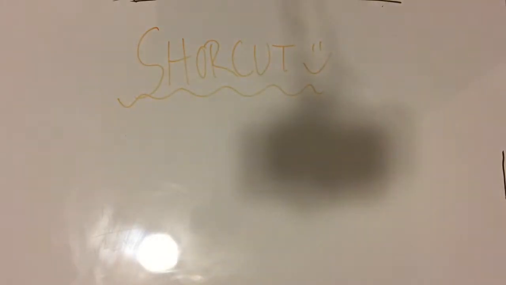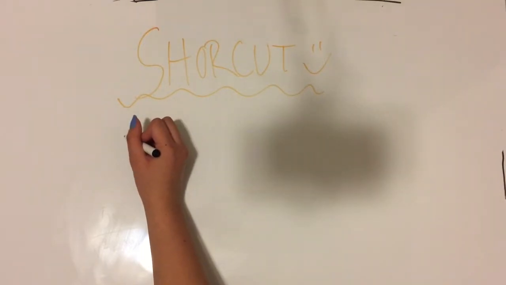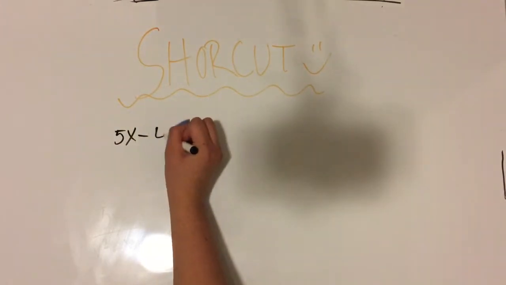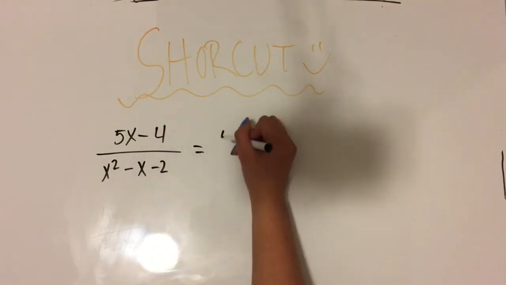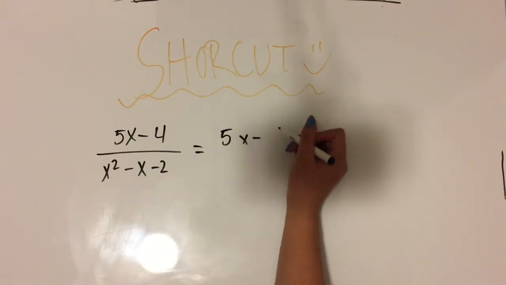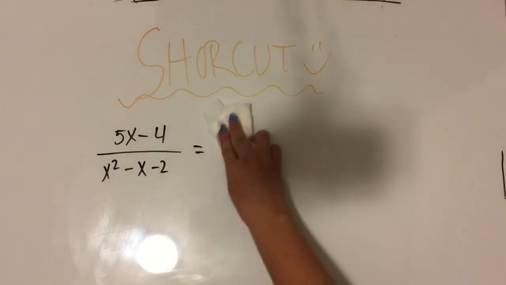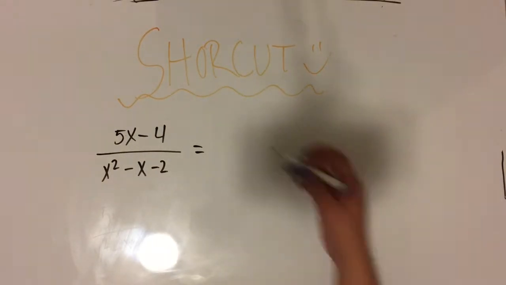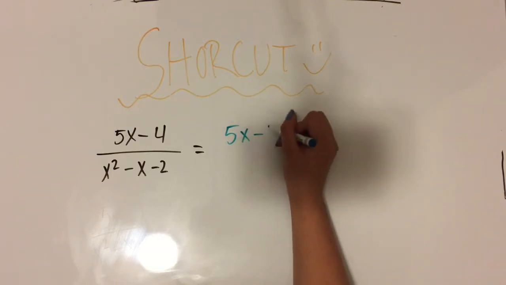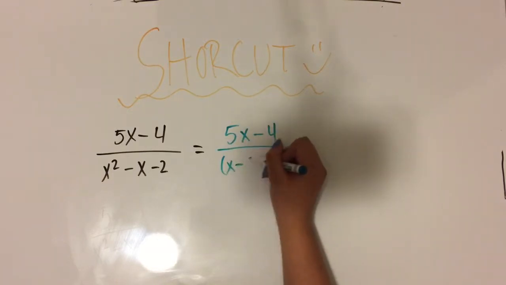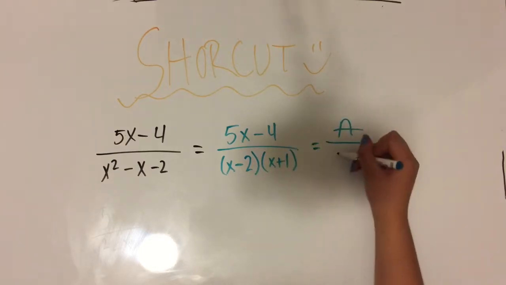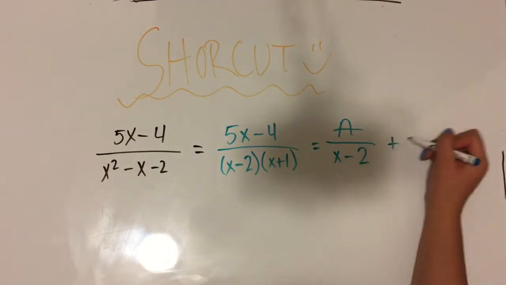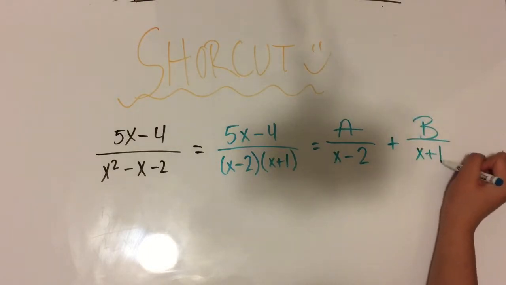Here's a shortcut that can make decomposing partial fractions much easier and less time consuming. As you can see, I'm using the same example from the previous problem. You just write out one partial fraction for each of the factors we found.